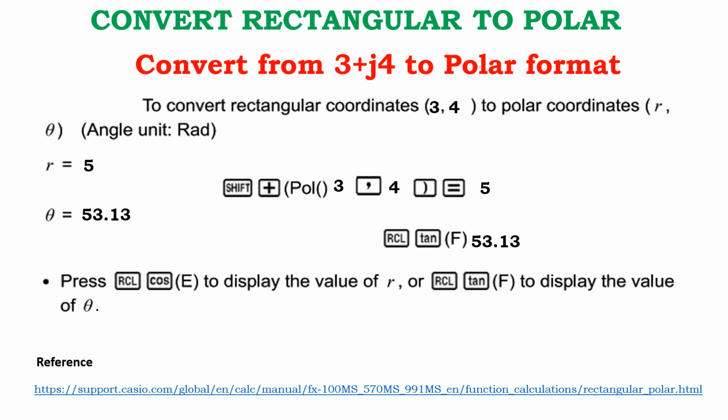So we get the magnitude and the angle using this format. If I want to recollect the data, press RCL cos to get the magnitude R, then press RCL tan to get the angular part. This way we can convert from polar to rectangular and rectangular to polar. For more details, you can refer to the link given in this slide.